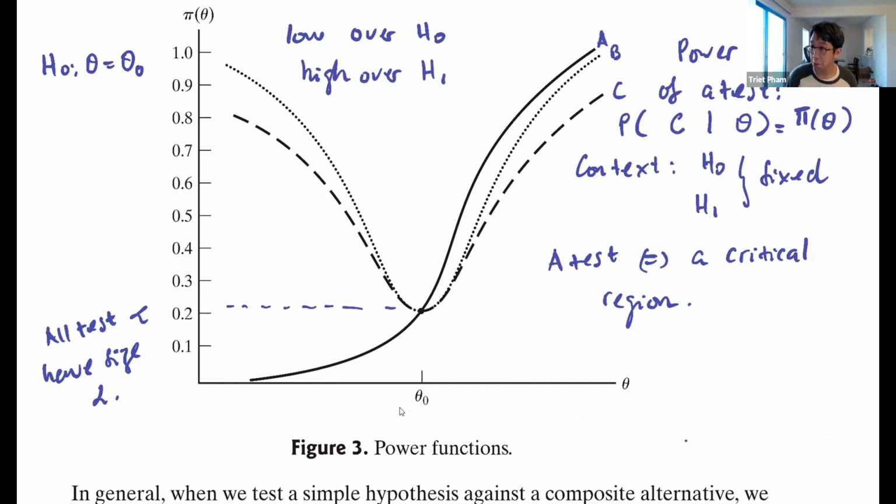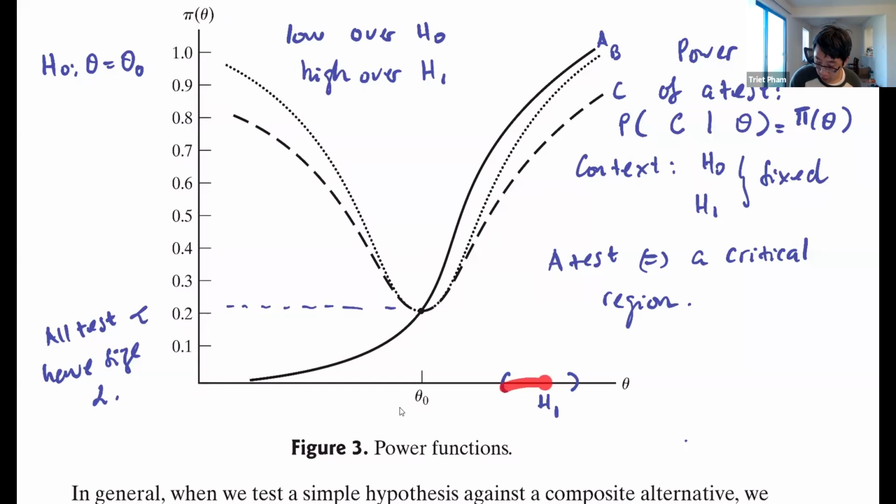Do I have to? No. I can do this. Suppose this is my H1, so you understand, this whole region is my H1. Is it okay? So now this is going to be composite.